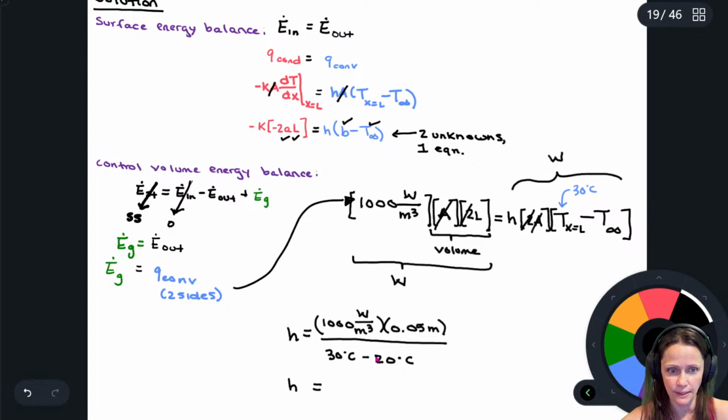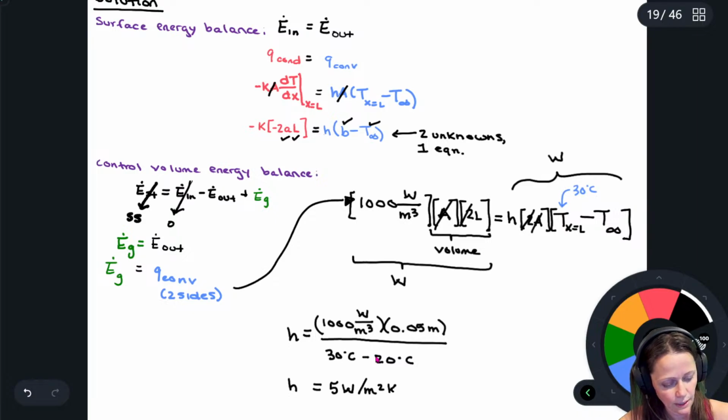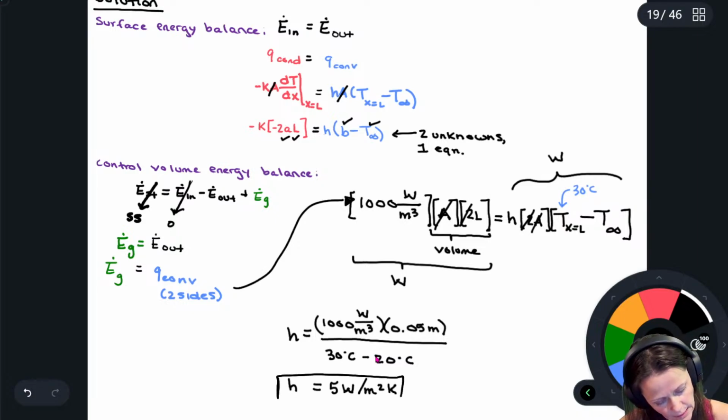Now we finally have enough information to get H. I've got 5 watts per meter squared Kelvin. So I'm going to box that.